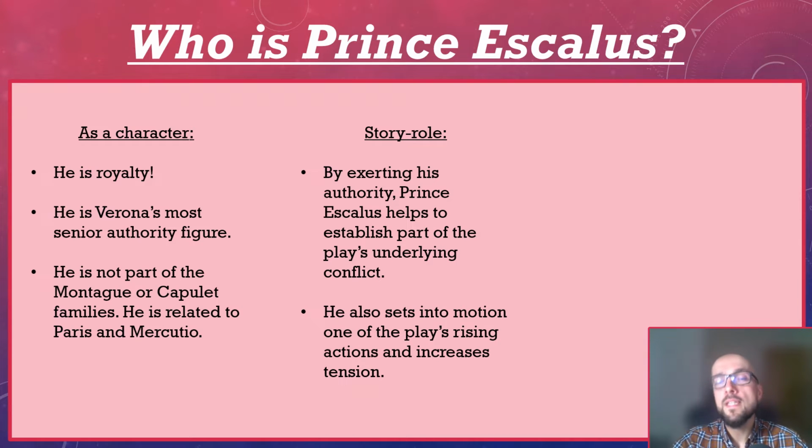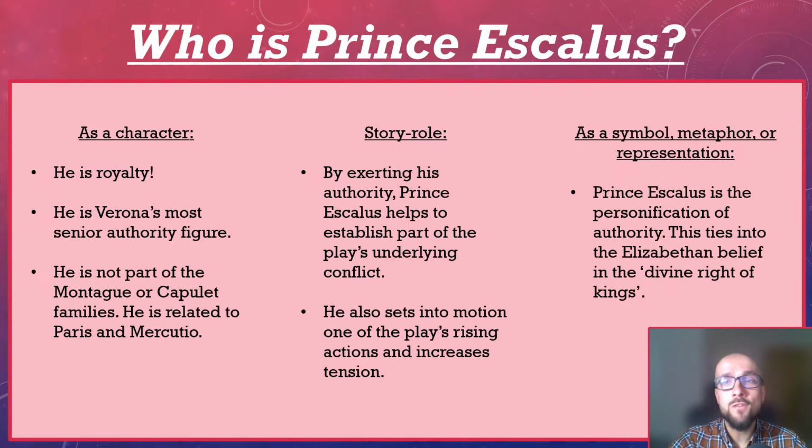As a symbol, metaphor, or representation, Prince Escalus is pretty straightforward. Given that most of what he does in the play is set rules, boss people around, and punish or threaten to punish people for breaking the rules, I would say that Prince Escalus is the personification of authority in Shakespeare's play.